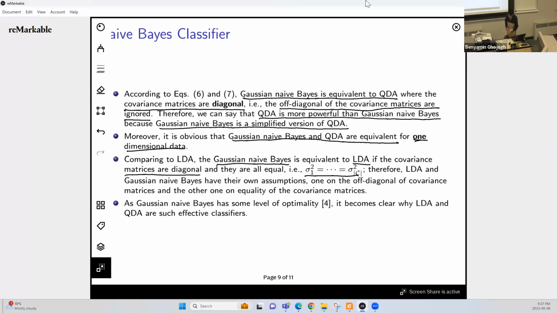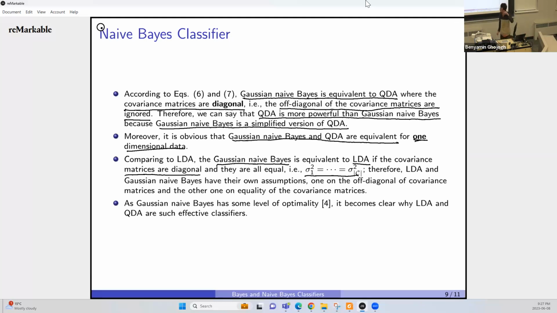Okay, so whatever I said, now, if the covariance matrices in LDA are diagonal and their main diagonal elements are all equal to each other, then LDA and Gaussian naive Bayes are equivalent. Therefore, LDA and Gaussian naive Bayes have their own assumptions, right?